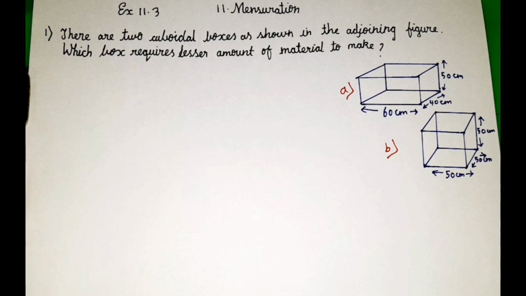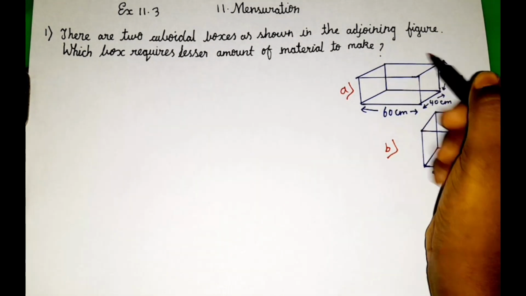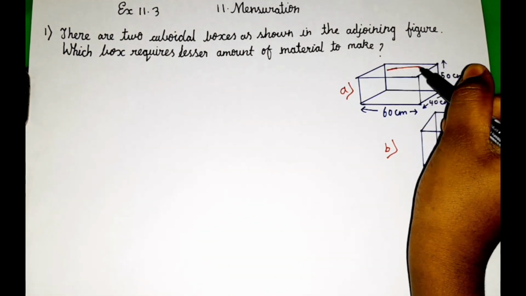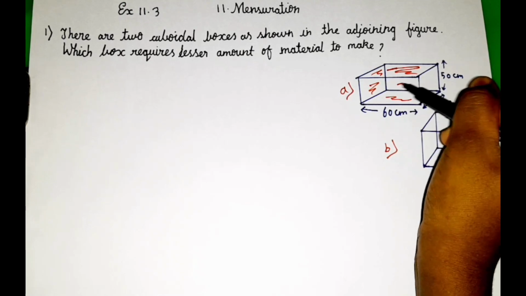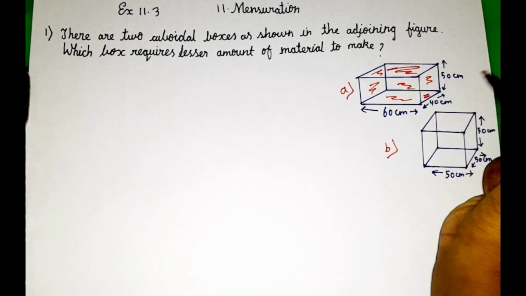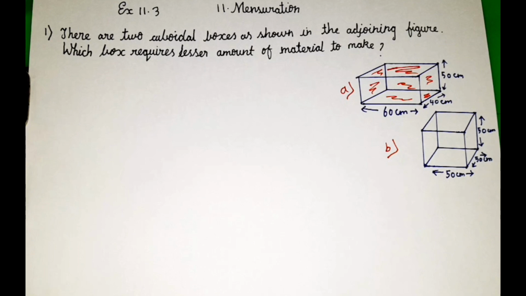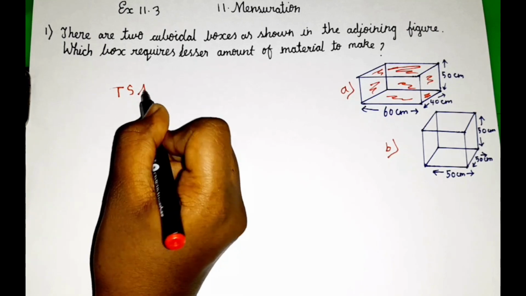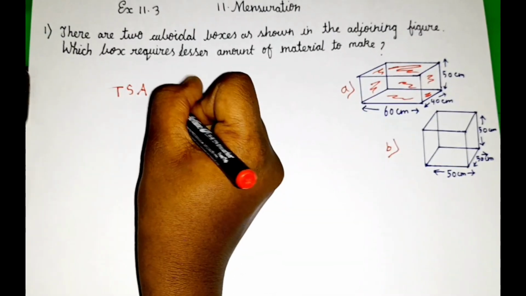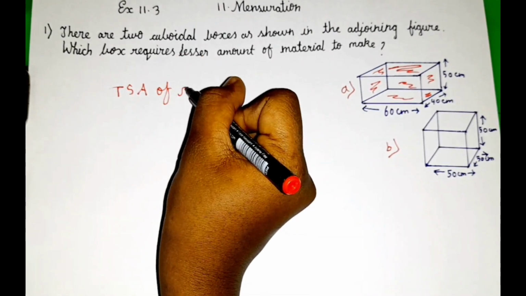So here you can see we have a cuboid. To make the cuboid shaped matchbox, I am keeping the matchbox, we'll just cover all these places. We are not going to leave any place. For making, if we are covering all the places including the top and bottom, there is a formula, TSA, that is total surface area of cuboid.